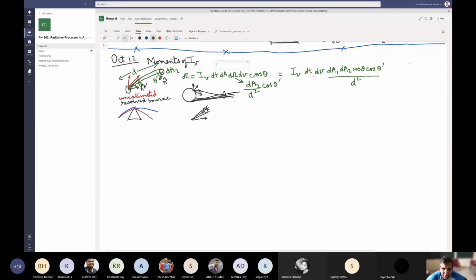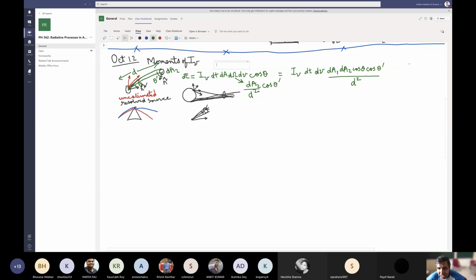Right, so I have plugged in the definitions of solid angle and so on. So you can actually see the symmetry with respect to the two areas, dA1, dA2, and the cosine angles between the direction of the ray or the beam with respect to the two areas, right?